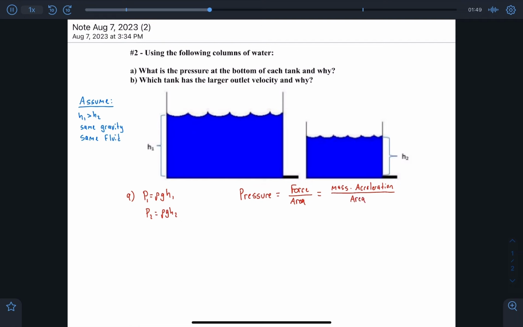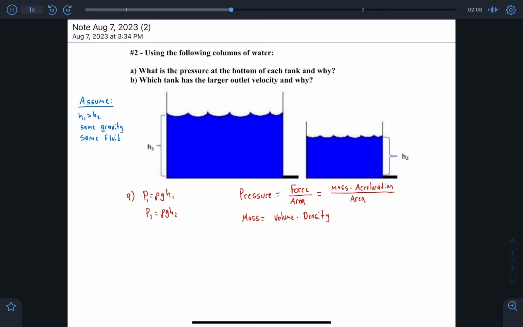Then let's look at mass for a second. We know that mass is just equal to a volume times a density, right? So we got mass is equal to volume times a density. And we can further break down volume into area and a height.